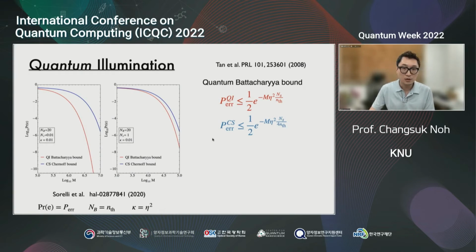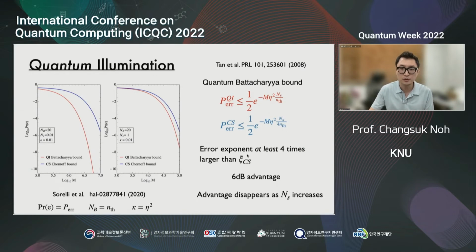The blue curve is the coherent state, the red curve is the two-mode squeezed vacuum, and you see it's about 4 times the difference. That's a log scale. So that's one conclusion: because this is a Bhattacharyya bound, which upper bounds the Chernoff bound, the error exponent is at least 4 times larger than the classical exponent. And that's the 6 dB advantage in the literature.